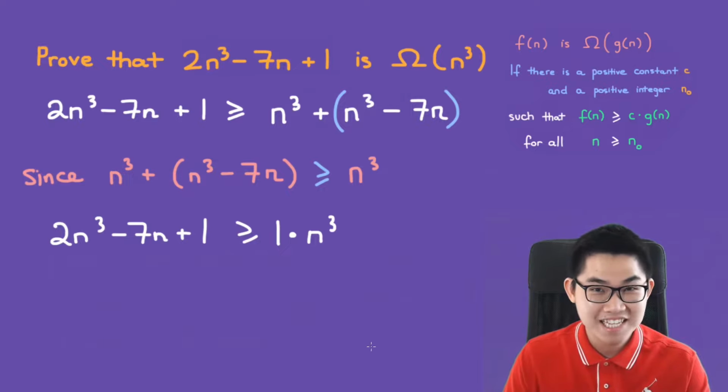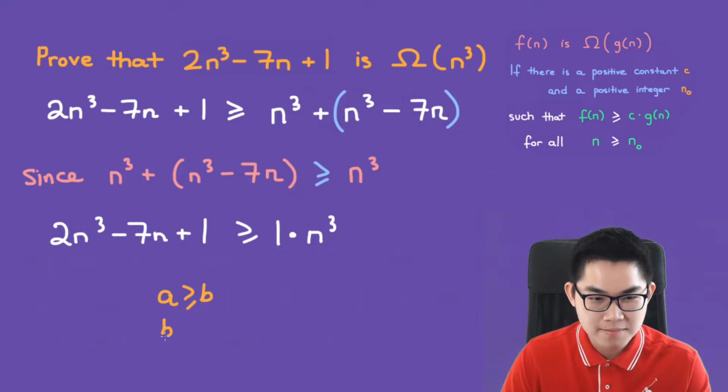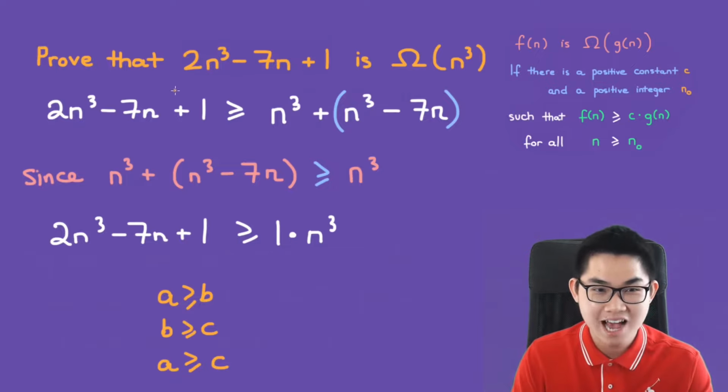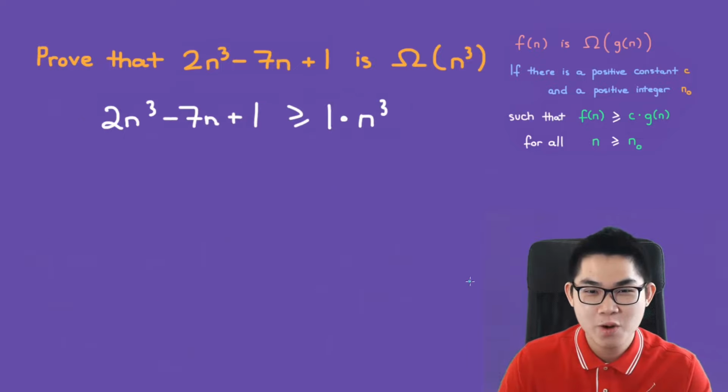This part makes sense because it's like saying a is greater than or equal to b, and b is greater than or equal to c, so a is greater than or equal to c. So you can see that's the case here. This function is greater than or equal to this, and this is greater than or equal to n to the power of 3. So it makes sense that our original function is greater than or equal to n to the power of 3. We found our c. Let's find our n naught.